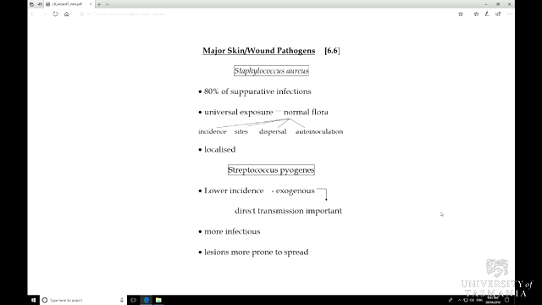When you carry Staph aureus, where do you carry it? In your nose? Whereabouts in your nose? So it's the anterior nares. The anterior nares is the bottom part of each nostril, the first half centimetre. It's just there.